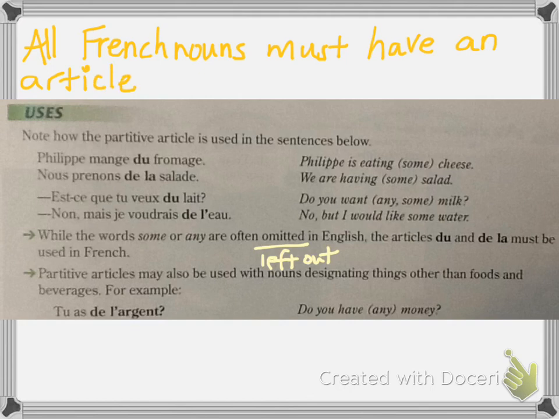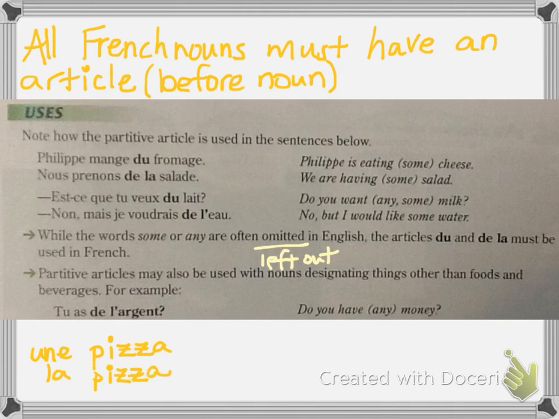And remember this article comes typically before our noun. So when we say un pizza, a pizza, la pizza, the pizza. If I want to say some pizza, like I had pizza maybe for dinner, but I didn't eat the entire pizza, it'd be de la pizza. So some pizza.